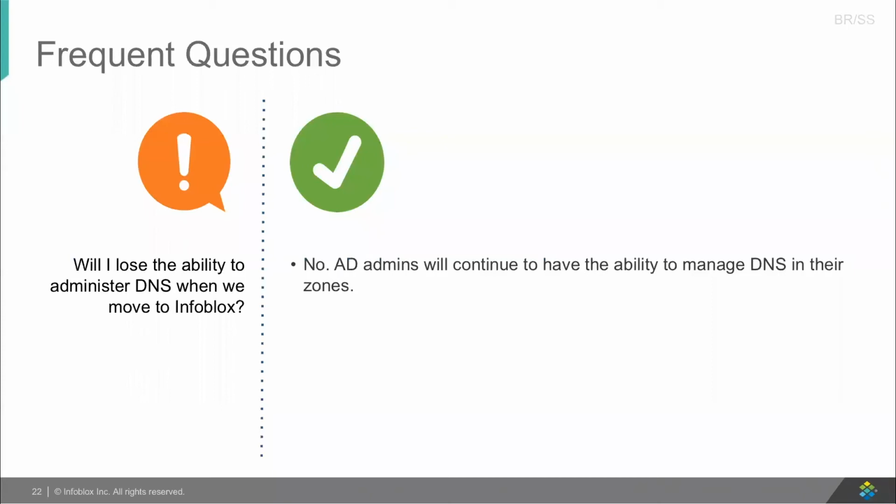There's no technical limitation to the number of forests and domains that it can sync with. There is, based on appropriate sizing, a limit on how many Microsoft servers and environments an individual appliance or virtual machine can sync with. So it's basically just a matter of sizing that appropriately to sync with a large environment.